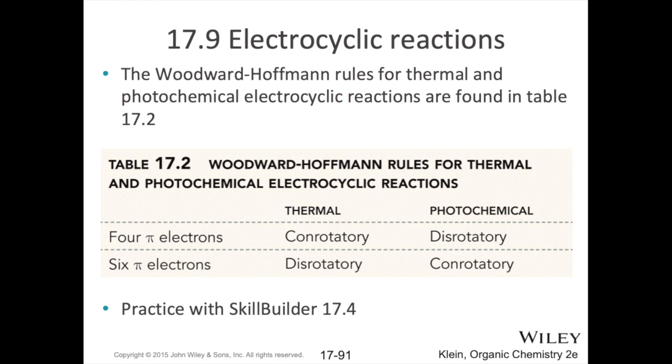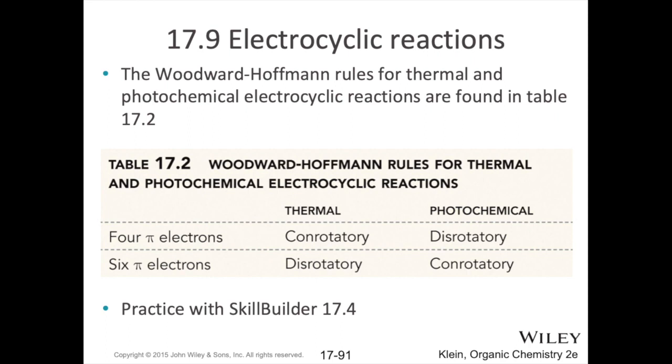Though if you want to memorize a rule to help you save some time on a quiz or exam, we have what are called the Woodward-Hoffmann rules, because these depend on those outside two carbons and whether the p orbitals on those carbons are going to be in the same phase or opposite phases, and this is always determined by the number of p orbitals you have. You can figure it out just based on the number of pi electrons you're dealing with.